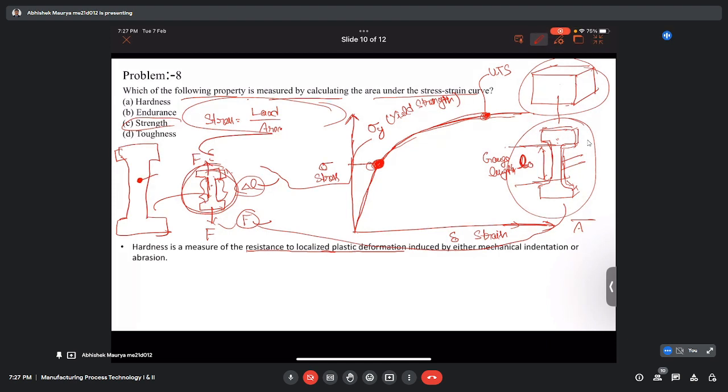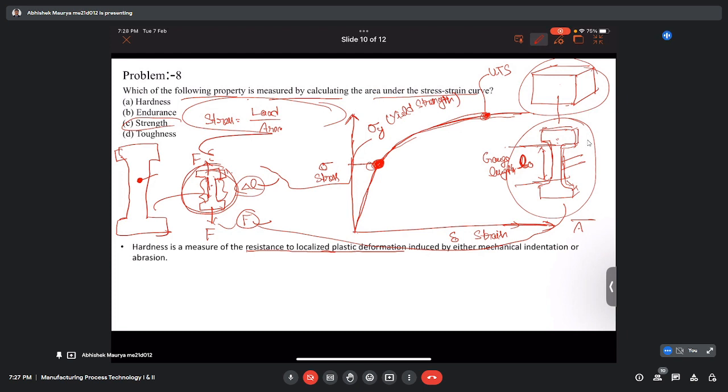There are other methods like the Vickers hardness testing method or the Knoop hardness testing method, which I will not talk about. So the main thing is that in hardness we are measuring the resistance of the material to local plastic deformation.